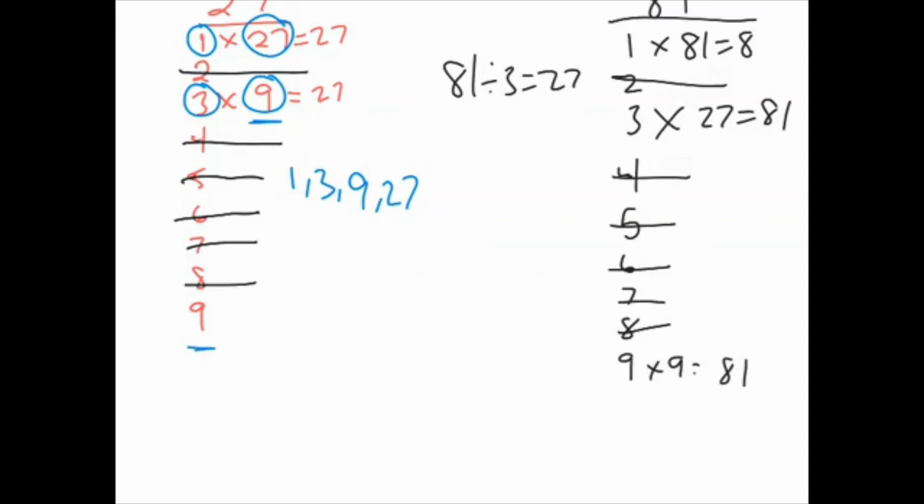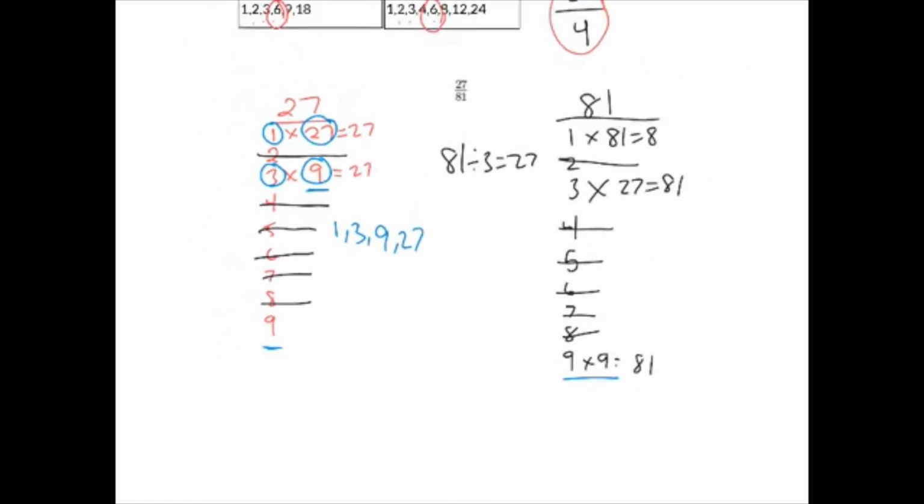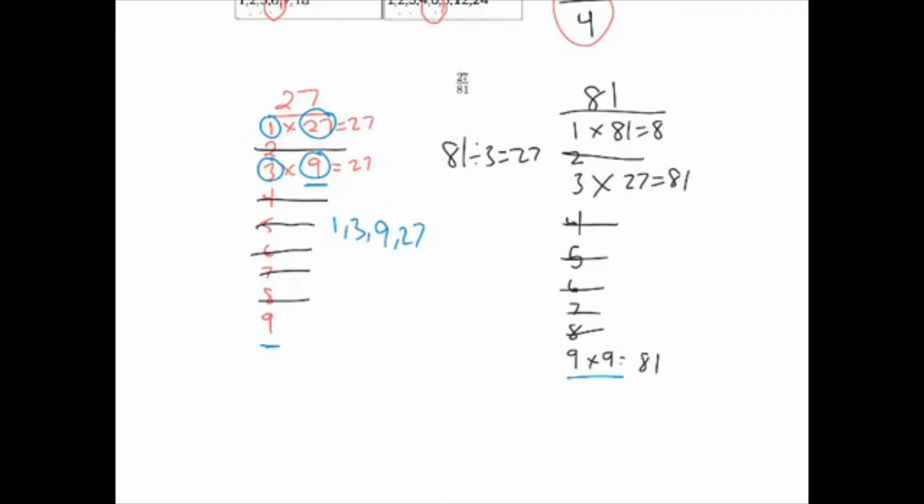And we see here that we have our number repeating so that we can now stop. Okay, so from here we can see that the factors for 81 are 1, 3, 27, 9, and 81.